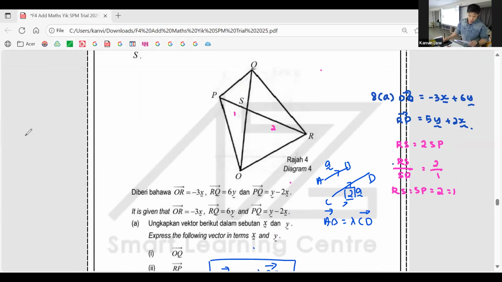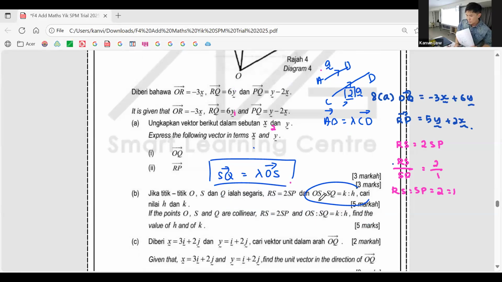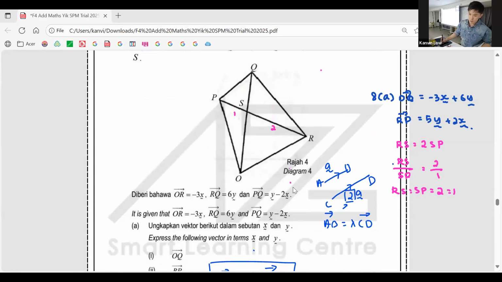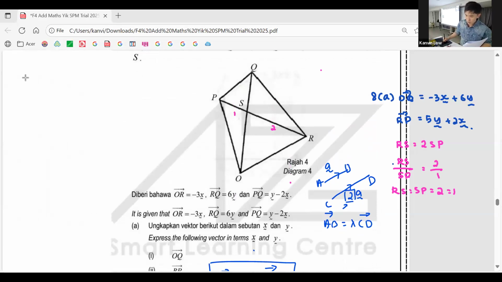Now the question needs us to start from this SQ and also OS. So we find the SQ and also the OS first. So guys, how do I find the SQ? We can do SP plus PQ, right? Or SR plus RQ.